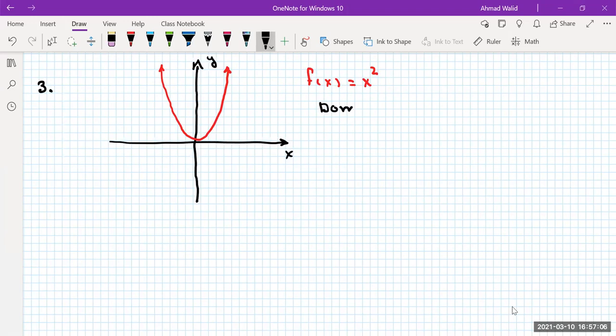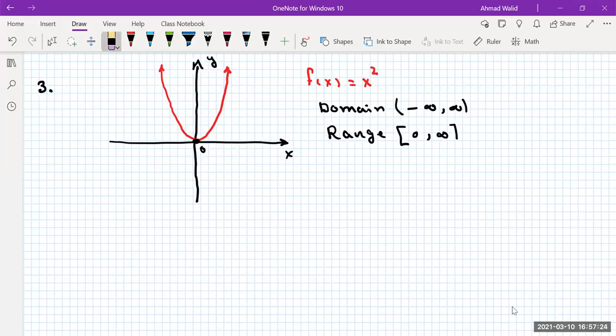Domain: the domain is from negative infinity to positive infinity. Range: as you see, the range starts from 0 up to positive infinity.